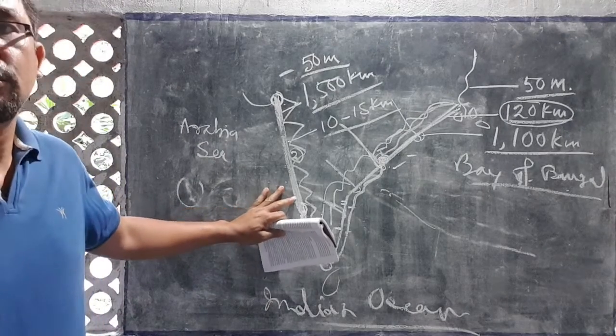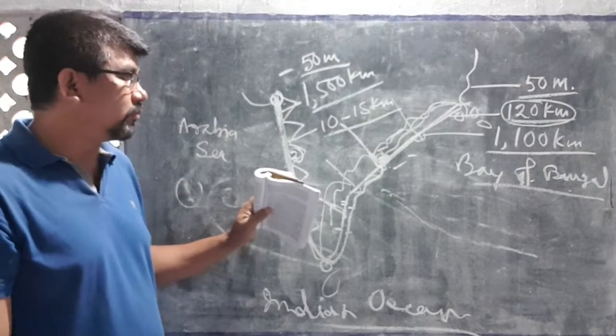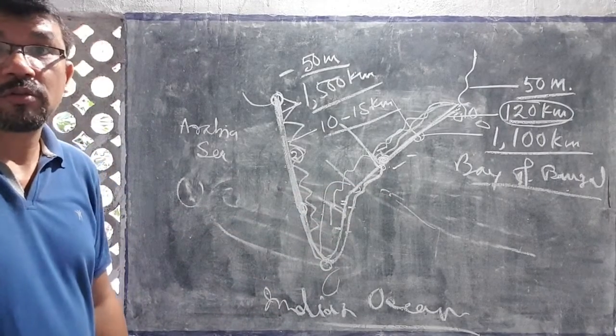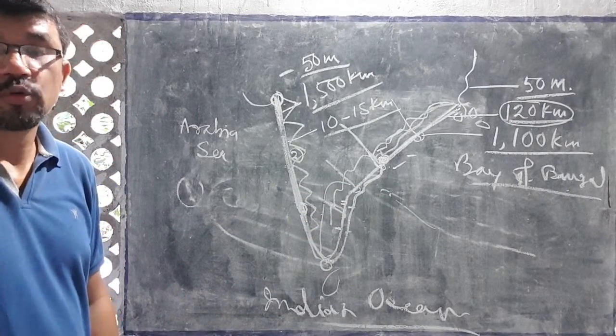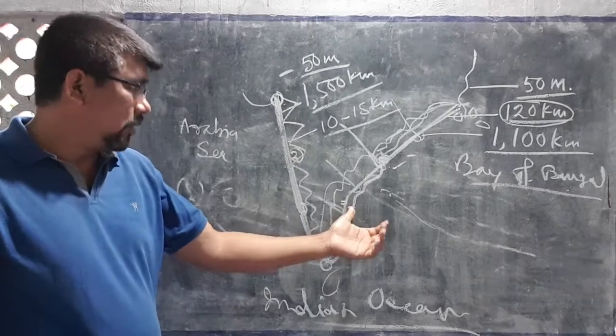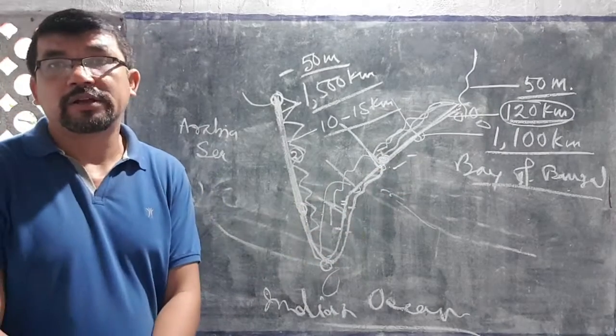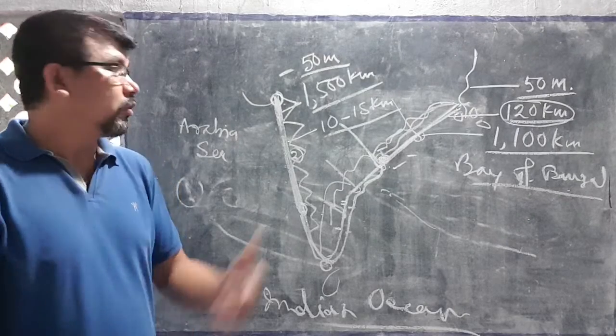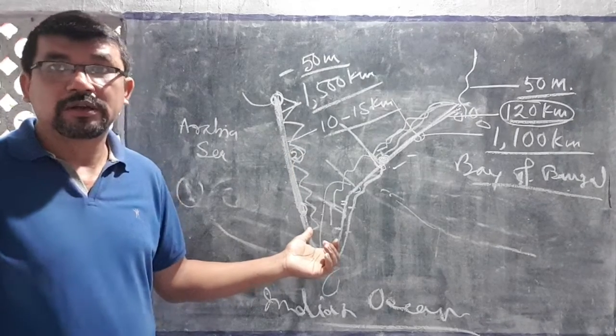There are some important questions arising from here. Suppose, where is Coromandel Coast located? Which part of the coastal region is known as North Sarkar Coast, Coromandel Coast, Konkan Coast, Malabar Coast? They are very important.